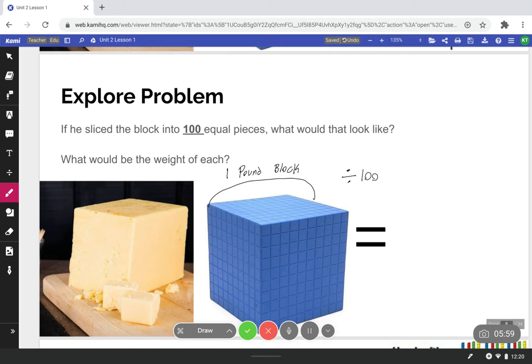So if there are 100 people at the party, and each person gets 1 piece of cheese, so 100 pieces, each person, the weight of each would be, so 1 person over the total, 1/100ths of 1 pound.